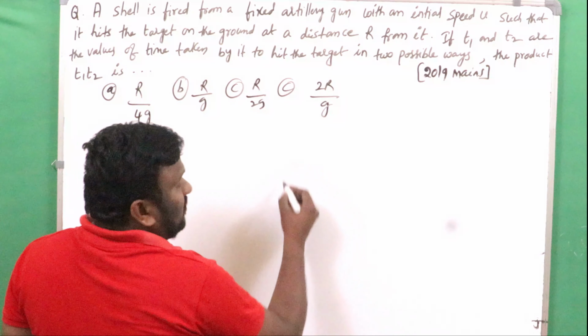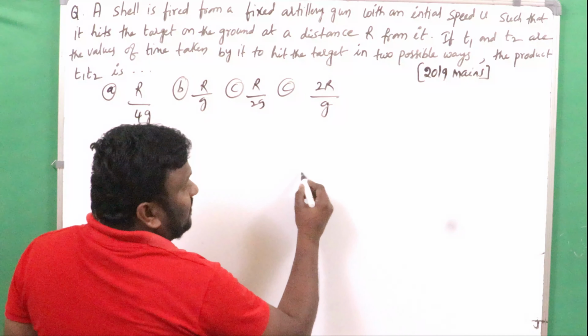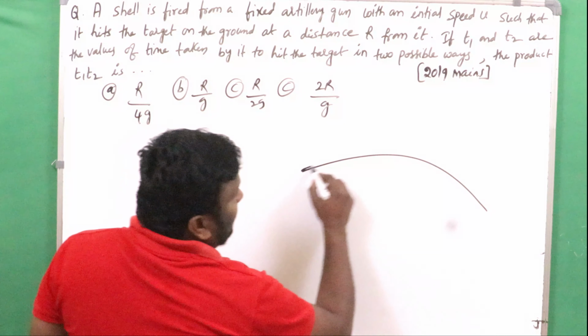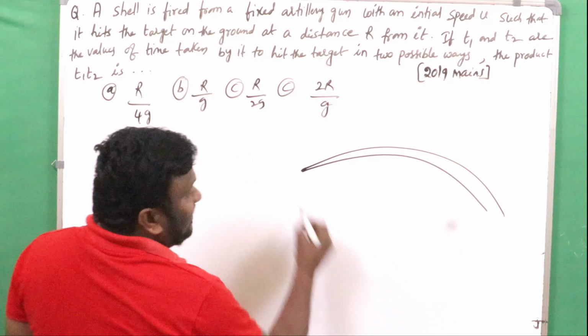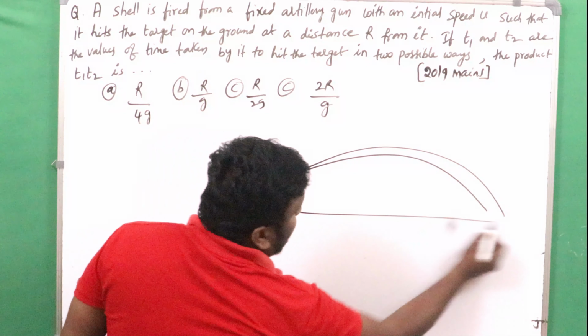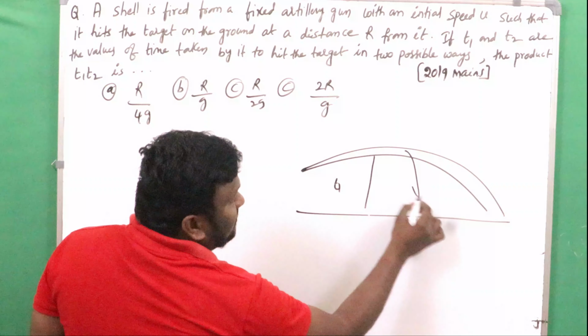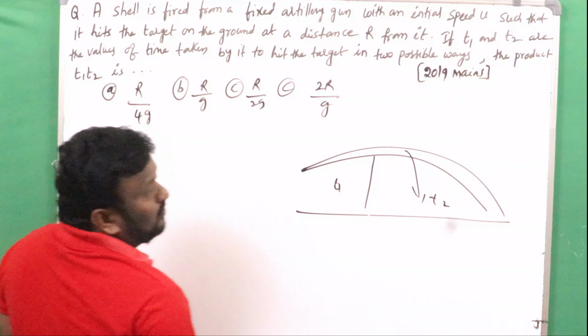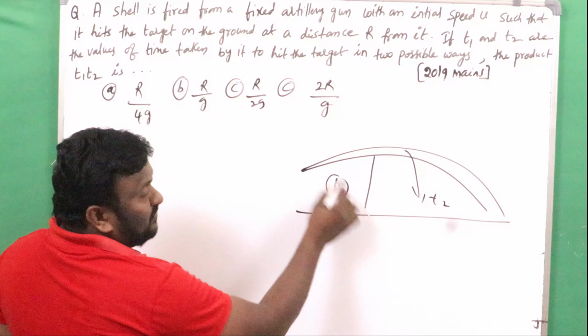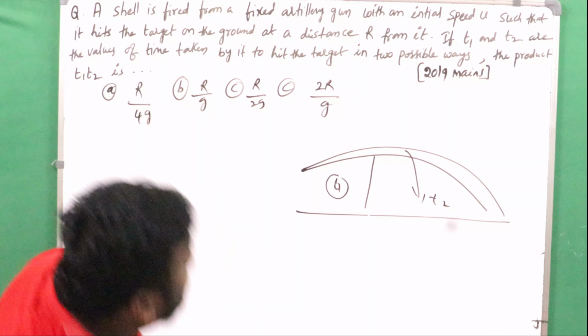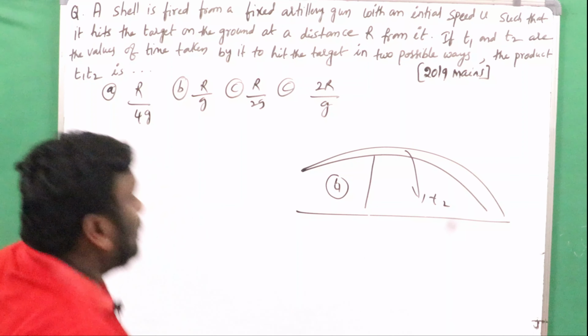Here, from one gun the shells are moving in different paths, but the range is the same, but one takes time T1 and the other takes time T2. The time of flight for the first shell is T1, for the next one is T2. Then the product of T1 and T2.